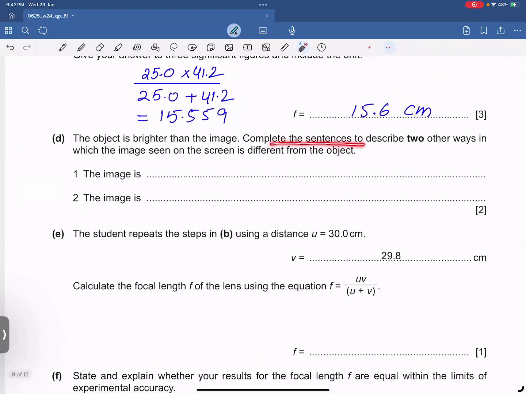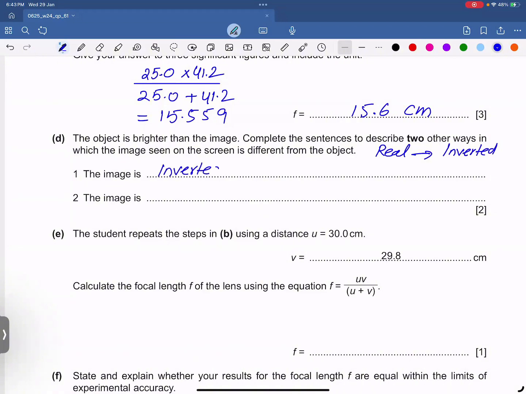Complete the sentences to describe two other ways in which the image on the screen is different from the object. Go back: it's a convex lens and the image is obtained on the screen. So whenever you obtain the image on a screen, it is a real image. And you should know the real image is inverted. Inverted means upside down.